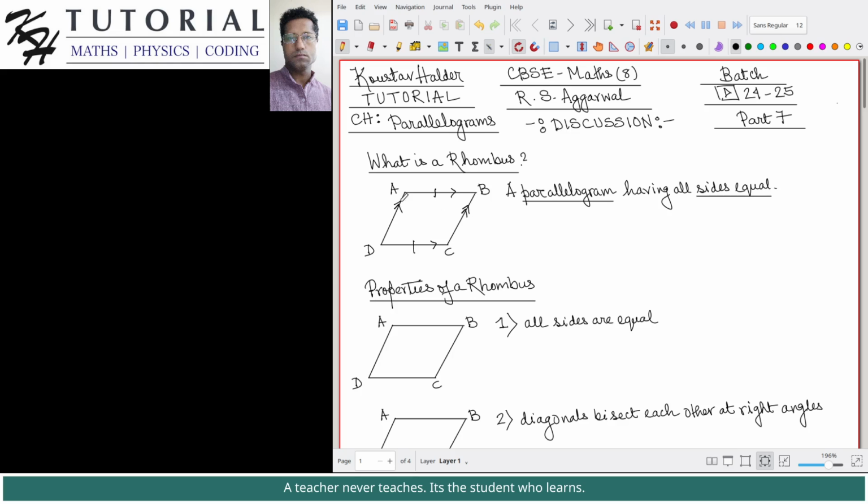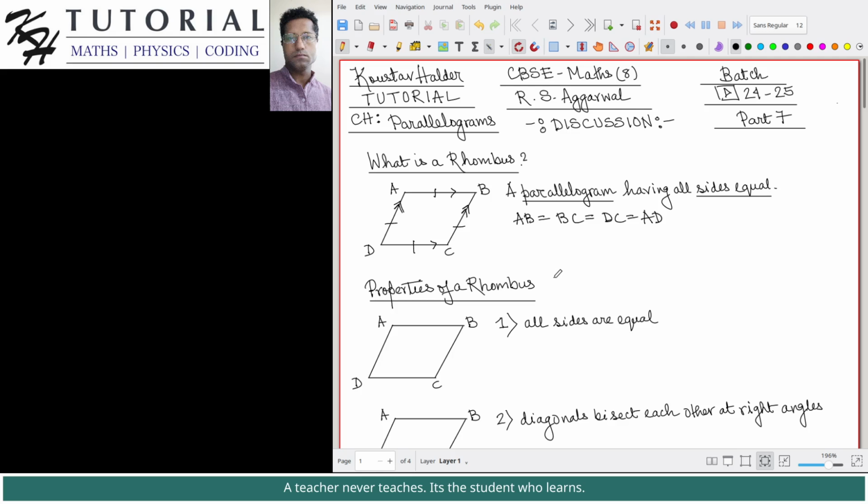But the condition of our parallelogram is that all the sides are equal. All the four sides of a rhombus are equal. So we have AB equal to BC equal to DC equal to AD. This is the condition which makes a parallelogram a rhombus.